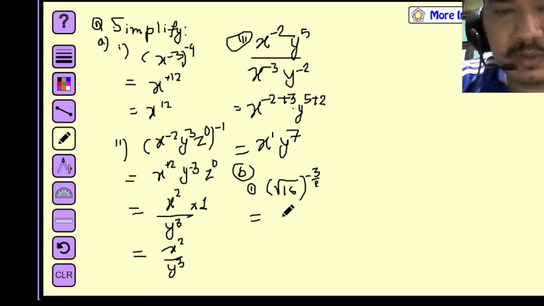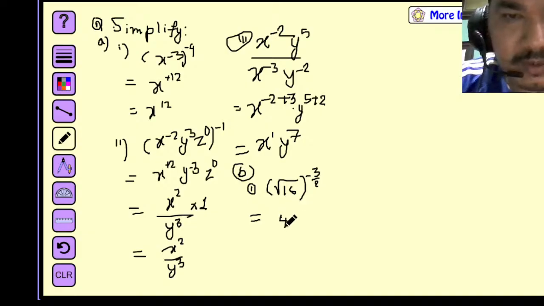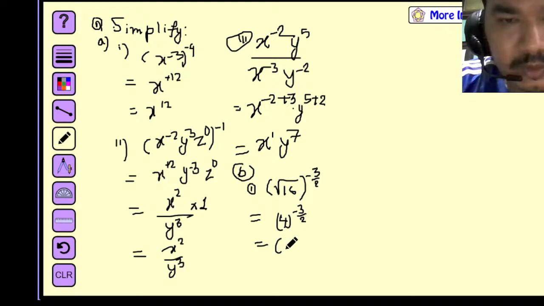And 16, we know, we can open this one. The square root of 16 means what? 4. And its whole power is minus 3 by 2. And we know 4 means 2 square, so write it 2 square, then multiply with minus 3 by 2.